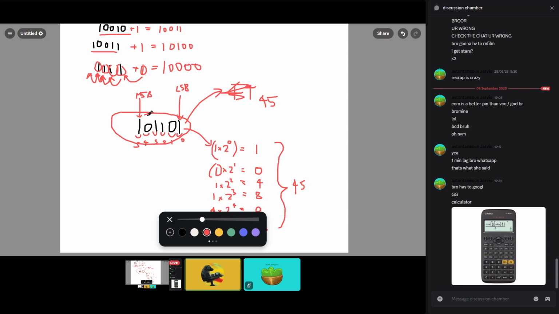Okay, with my calculator, I'm not sure how to convert binary into decimal. But I just taught you with your calculator how to convert decimal into binary.